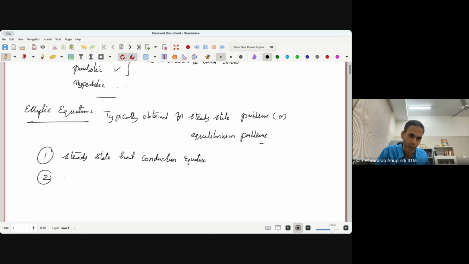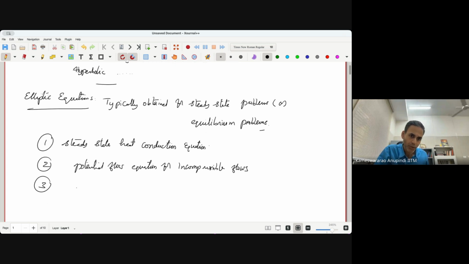Similarly, you can also have the inviscid potential flow equation for incompressible flows, which can also be categorized as an elliptic equation, and you also have the stream function equation.